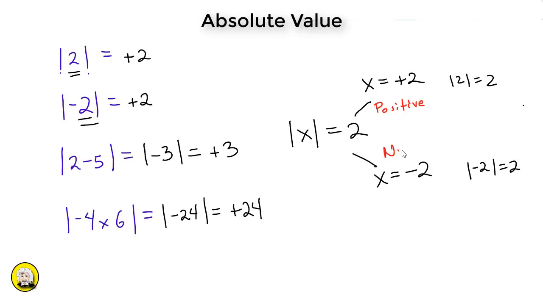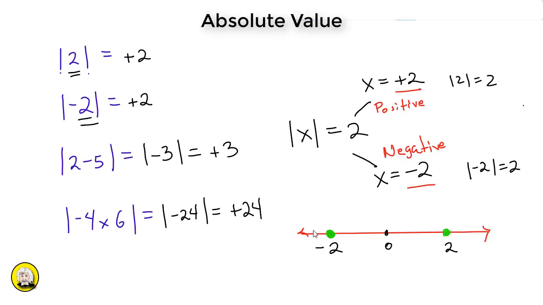So we effectively have a positive and a negative case we have to solve for. So in each instance, we have to take the value of the expression equals the positive result, and the value of the expression equals the negative result. How might we look at that graphically? Our solution set is the point x equals 2, and the point x equals -2 on the number line.